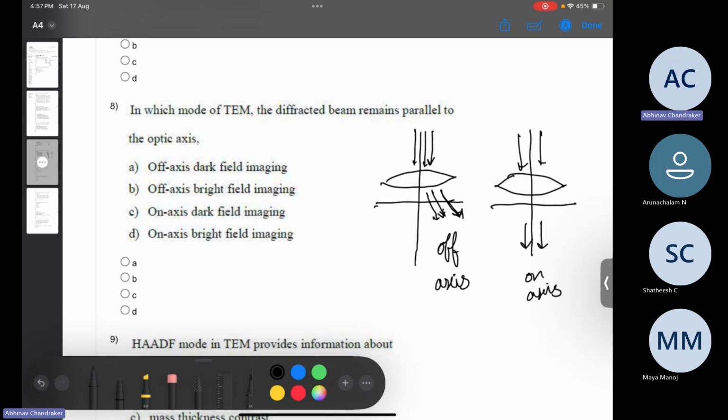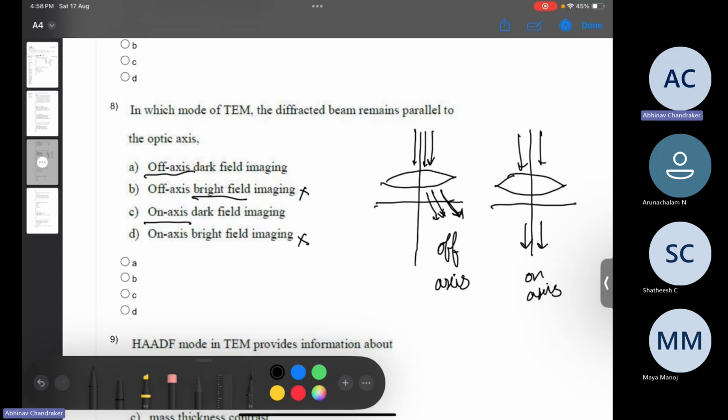So firstly in bright field, the diffracted beam is not considered. It gets blocked by the aperture. So these can't be your answer. In case of dark field, you can have both off axis and on axis. I have explained these in the slides when I was discussing both of these.